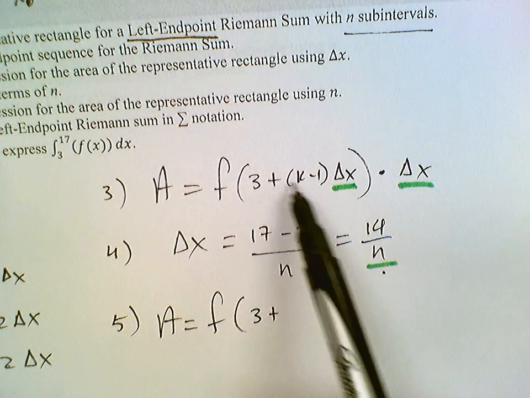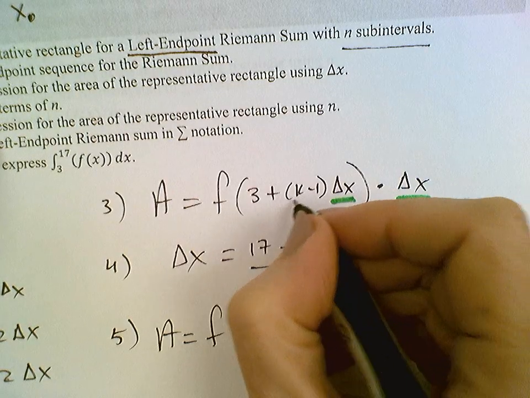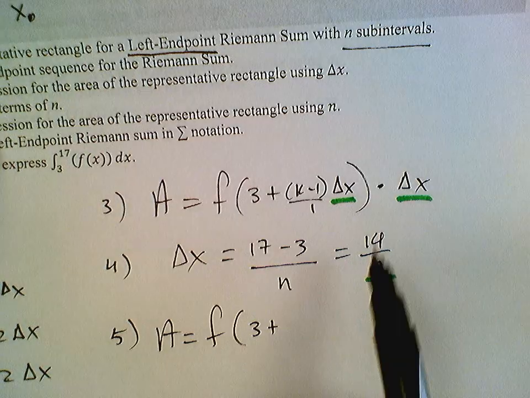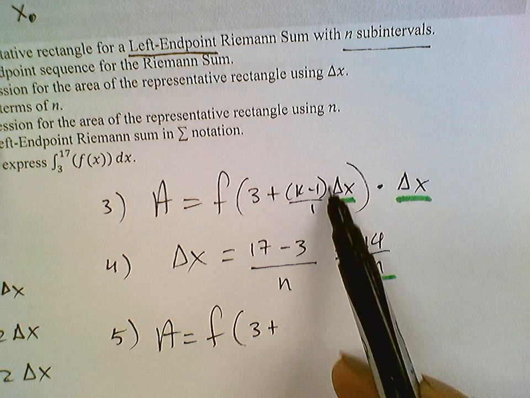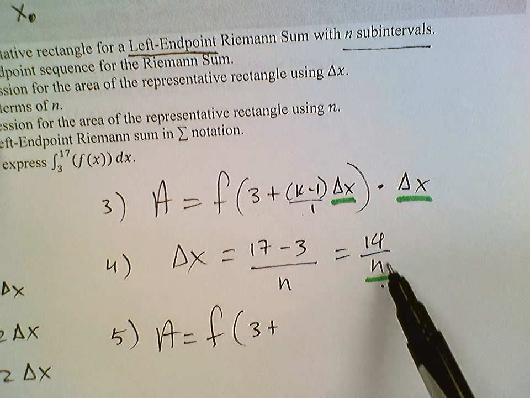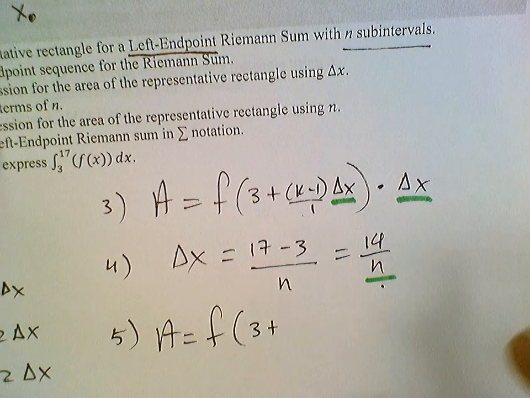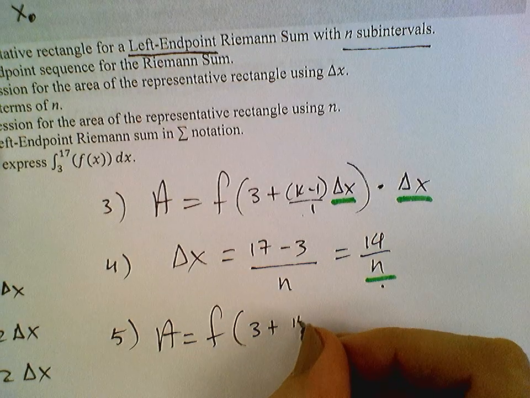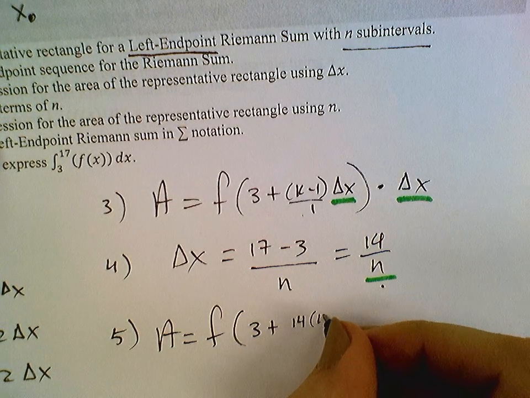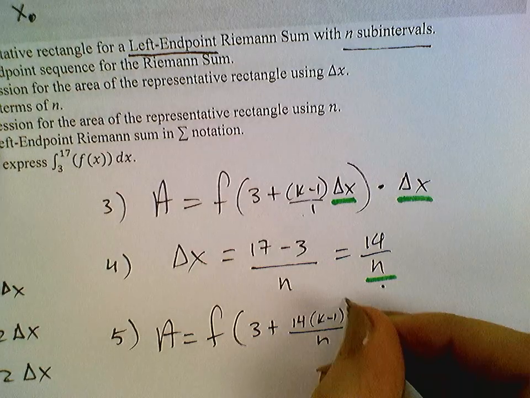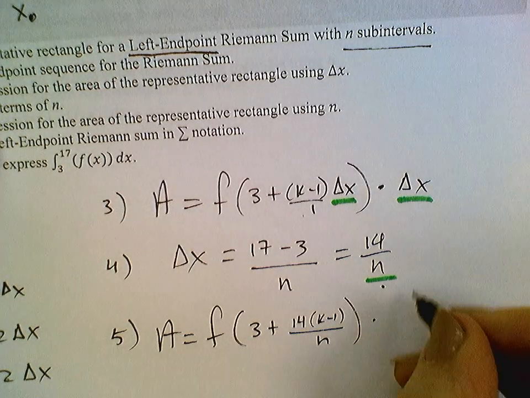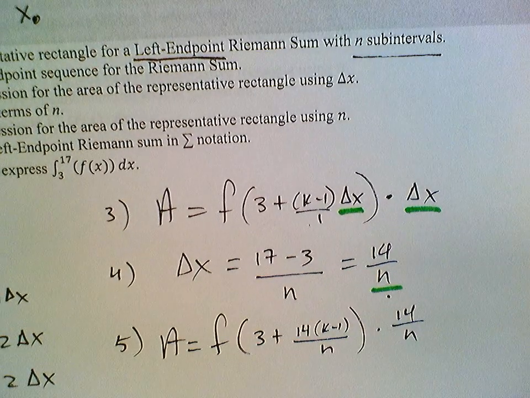Now I'm going to multiply. If you don't understand this next step, then just stop and think about it. So I'm multiplying k minus 1 times 14 over n. So I'm just going to put the 14 out in front, just like that. Times. Alrighty.